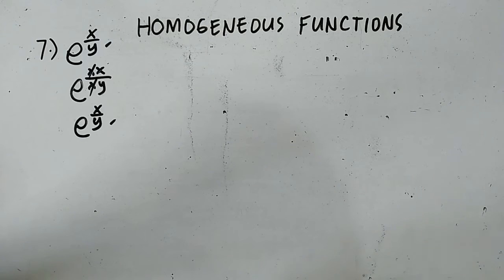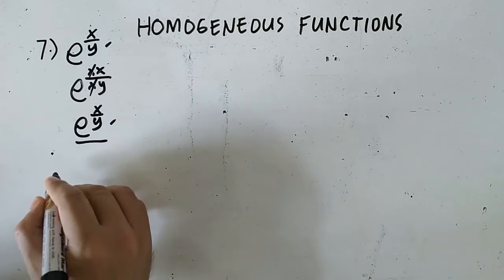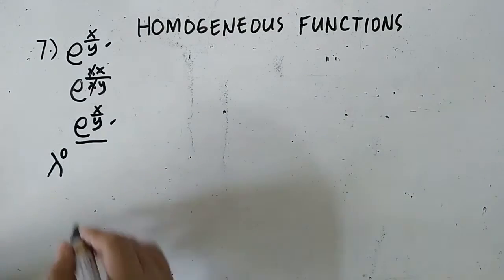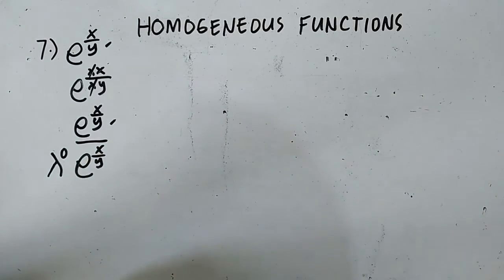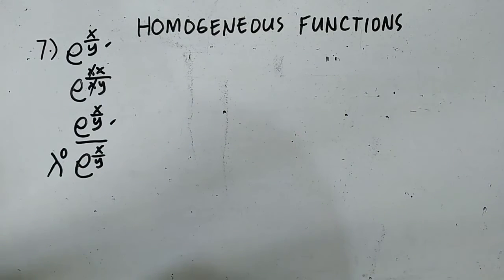But we can also say that this function is unchanged if we multiply it by lambda raised to the power of 0 times e to the power of x over y, because lambda to the power of 0 is equivalent to 1, since any number raised to 0 is equal to 1.